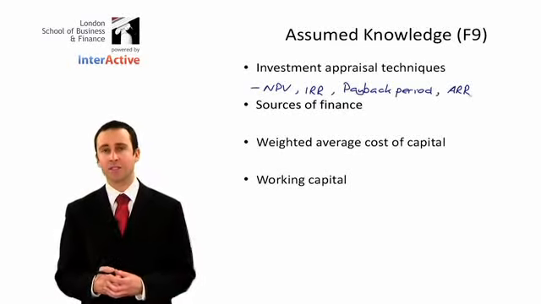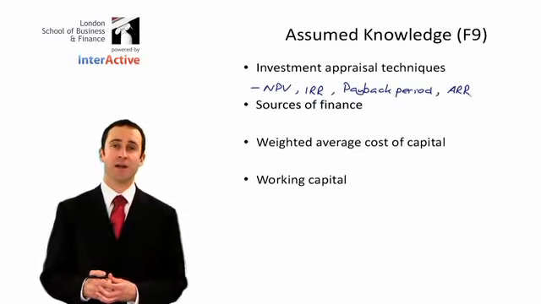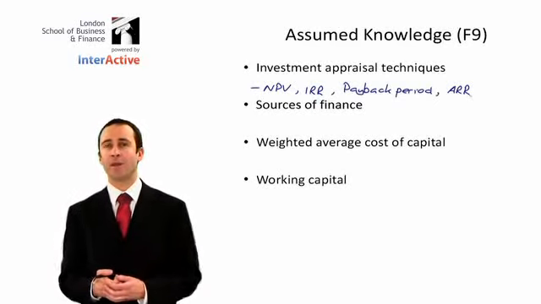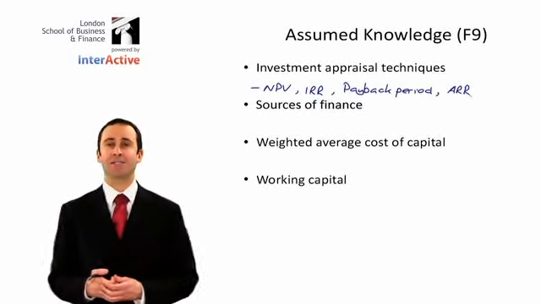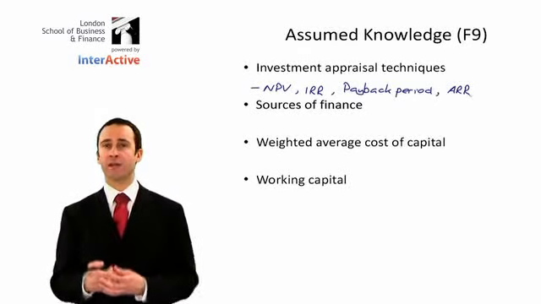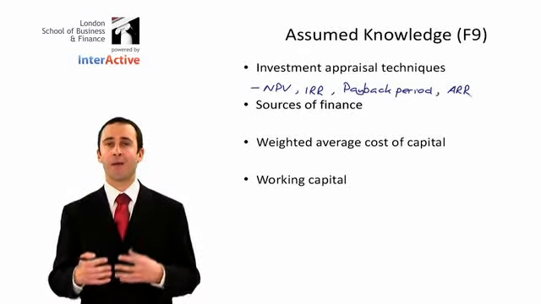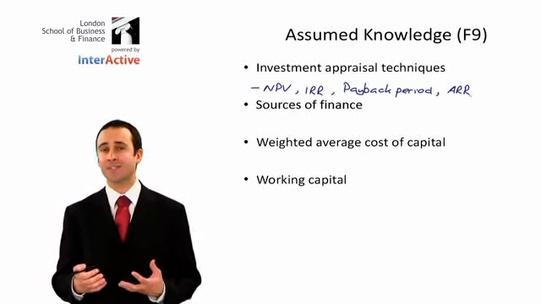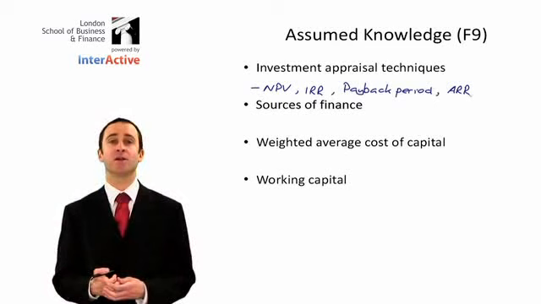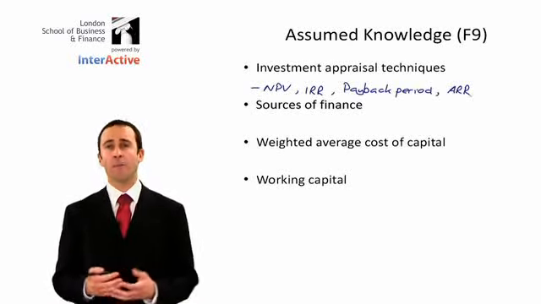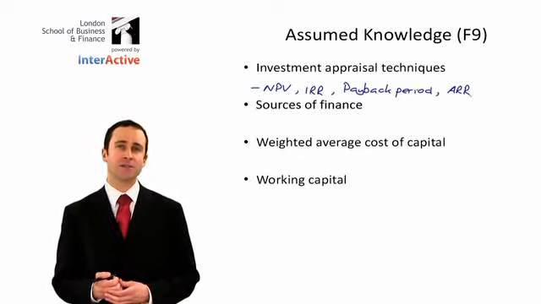The second area of assumed knowledge is your sources of finance. Now, this is an area where we tend not to see so many numbers at P4, but a lot of P4 is about offering advice. So where we may have identified a project that we are going to invest in, we then need to offer advice as to which is the most beneficial or most appropriate source of finance.